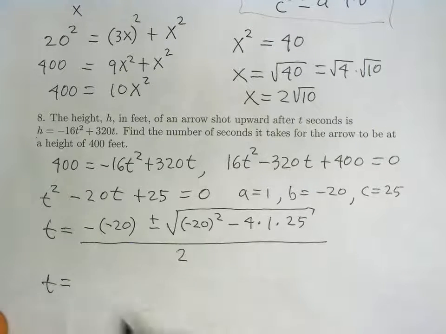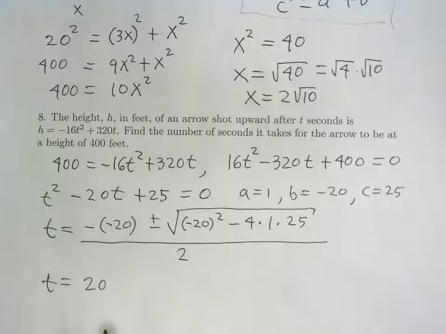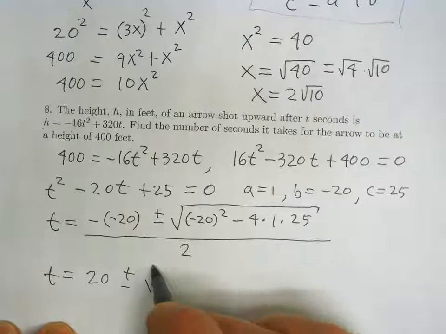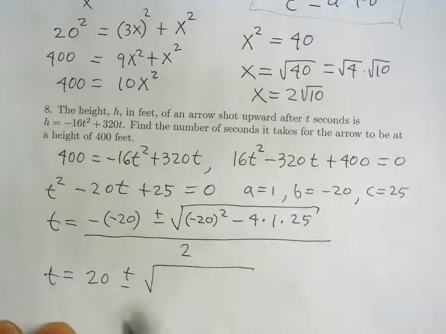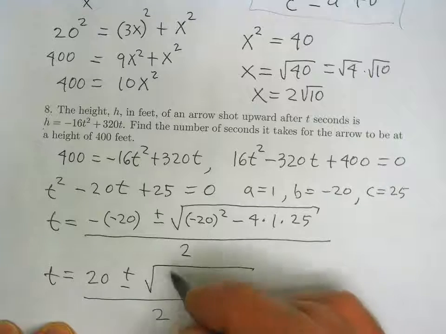Okay, so t equals, the negative of negative 20 is 20. And then plus and minus the square root of some number, and then all divided by 2. So inside the square root, the number negative 20 squared is 400.